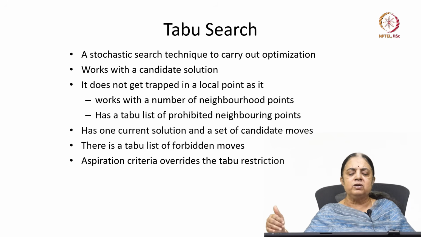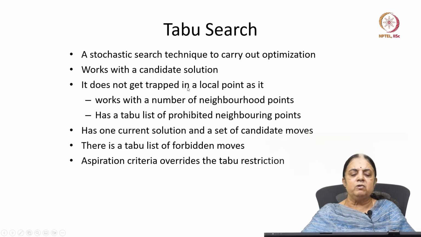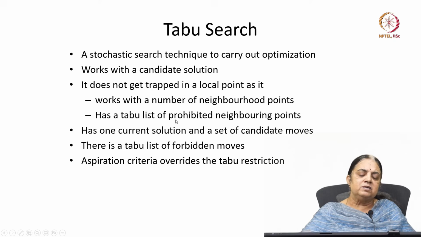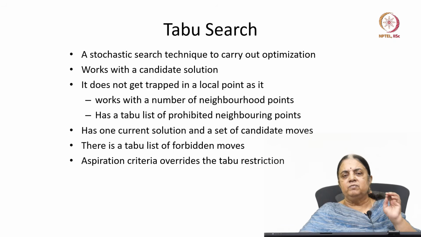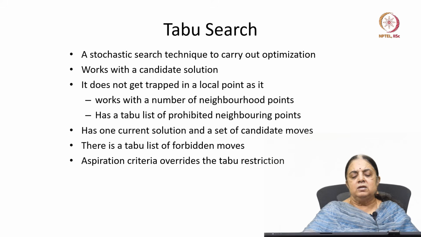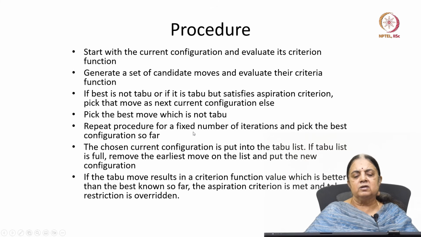But what you do here is you have a set of positions which are known as the Tabu list. So every point which you have visited in the near past will be there in your Tabu list. So you don't move there; they are actually forbidden moves, unless you have what is called the aspiration criteria, which overrides this Tabu restriction.